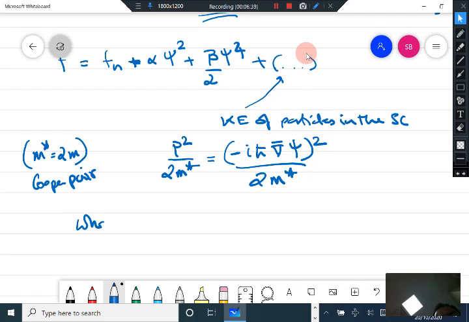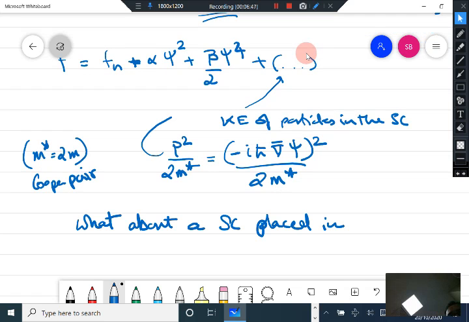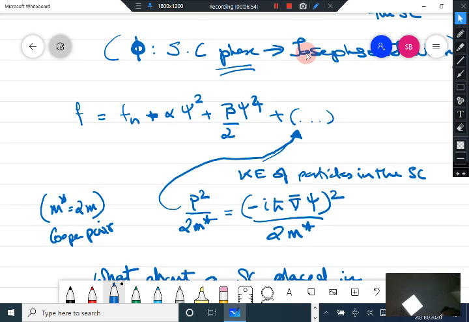Now what about a superconductor placed in a magnetic field? So this would be the additional term which will go in here. The free energy will have not only these terms, but the additional term which is related to the gradient of psi, the kinetic energy of the particles which are present inside the system. What is their kinetic energy?